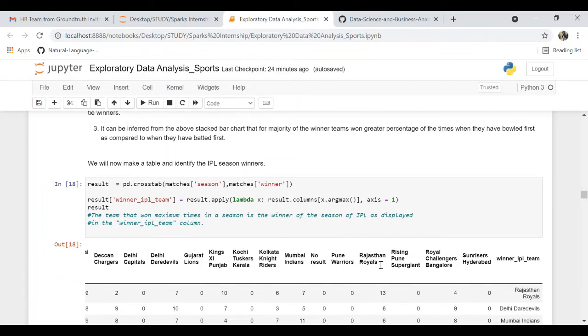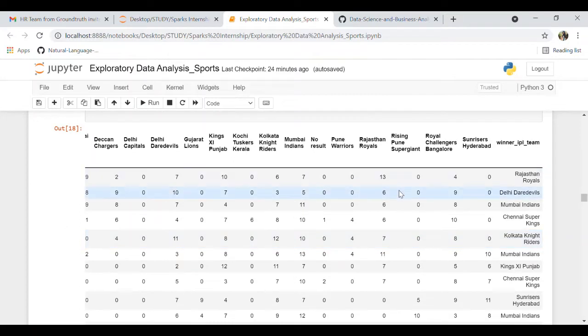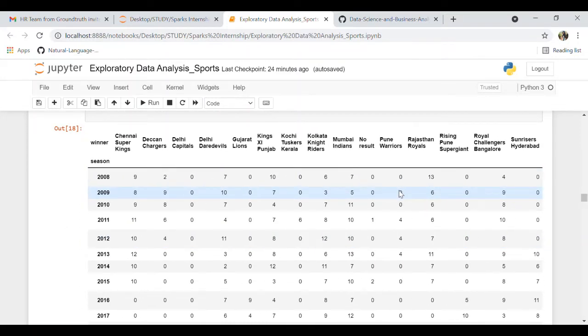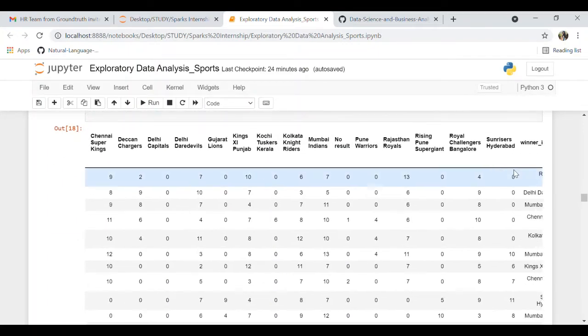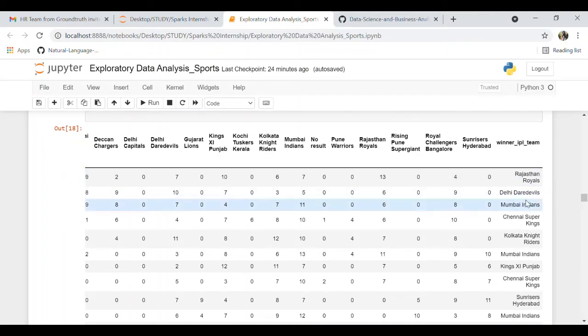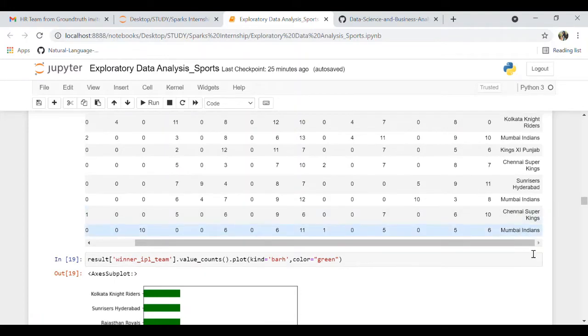Here we'll try to identify who the season IPL winners are. From this cross tab, we can find out the winner IPL team for each particular season. 2008 was Rajasthan Royals, 2009 was Delhi Daredevils, and so on. 2019 was Mumbai Indians.